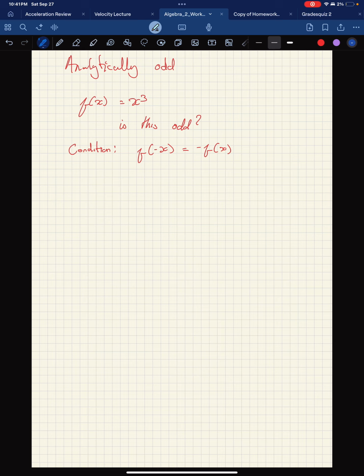So what's f of minus x? This is basically minus x over 3, to the power 3. So you take minus x, and you take the exponent, so it's basically minus x, minus x, minus x.